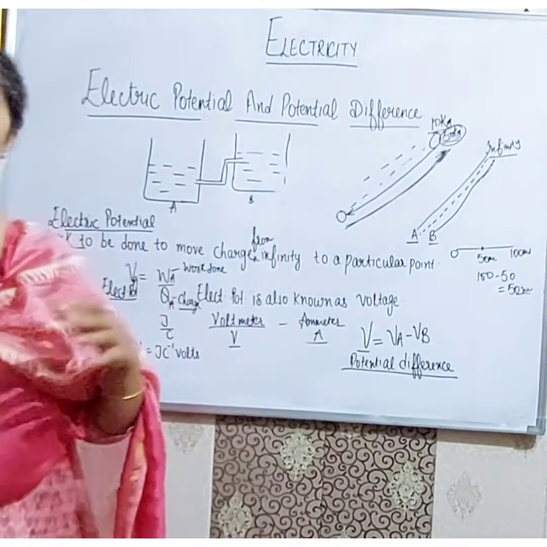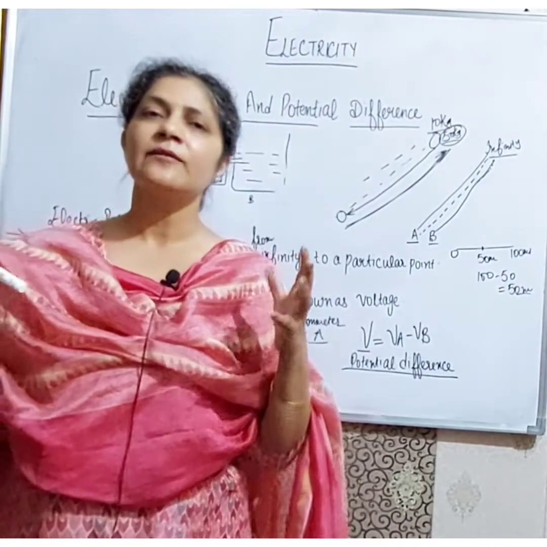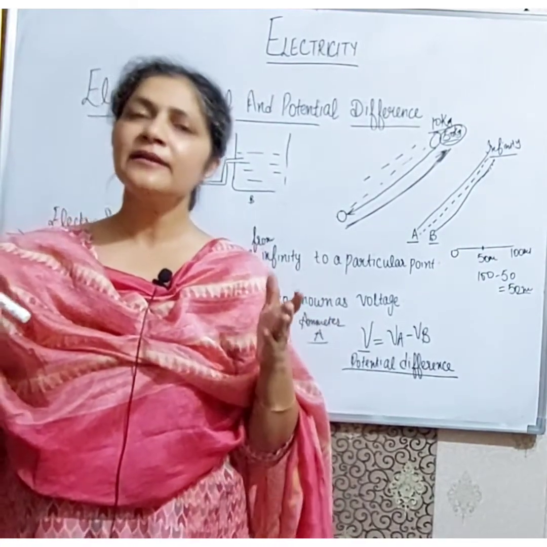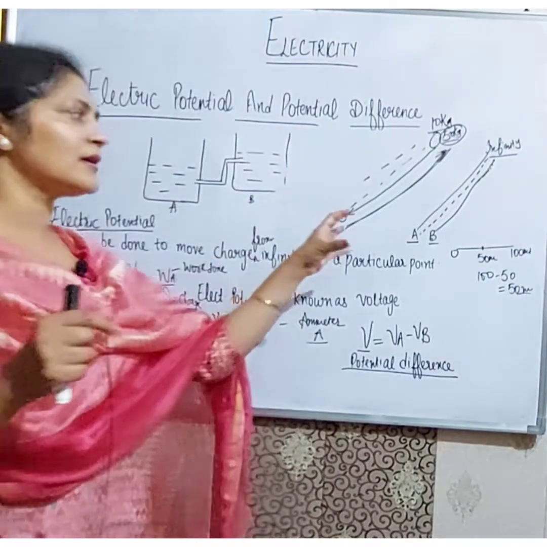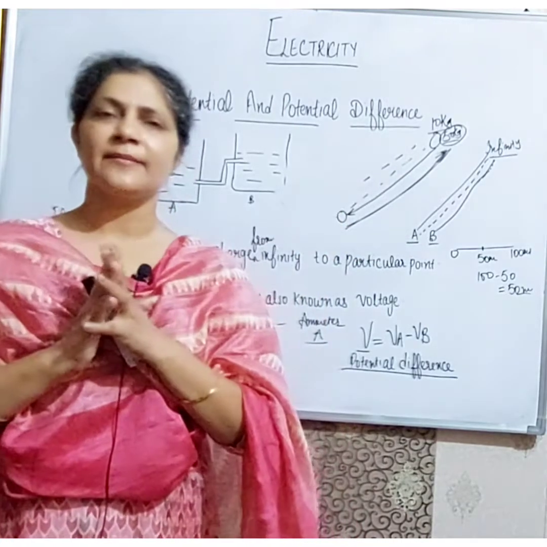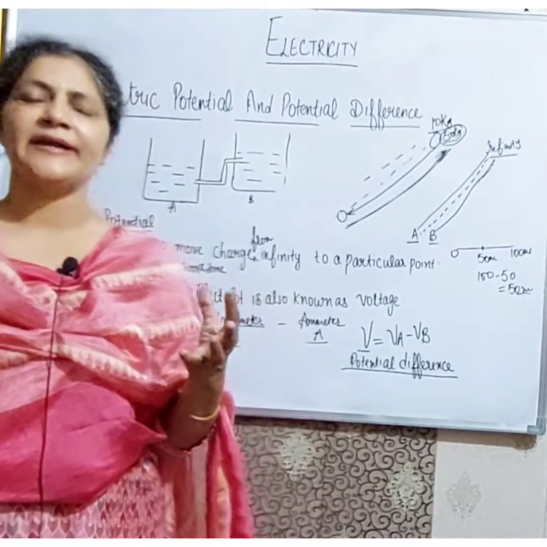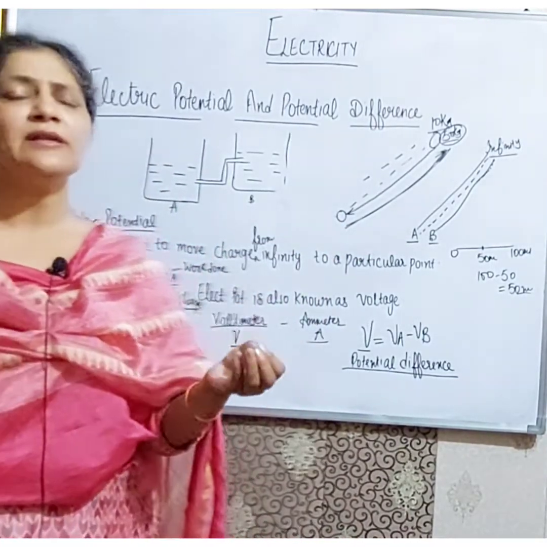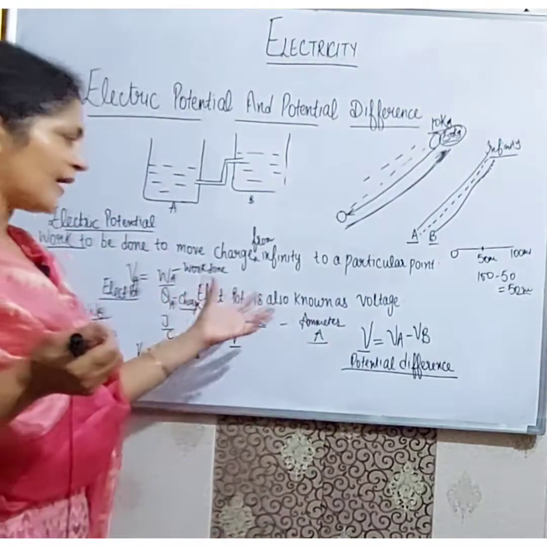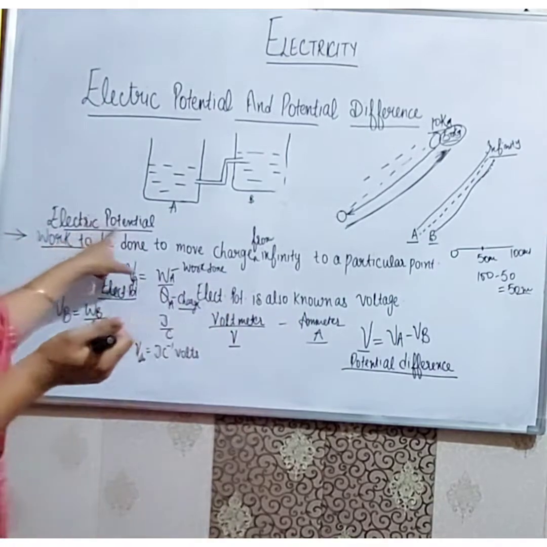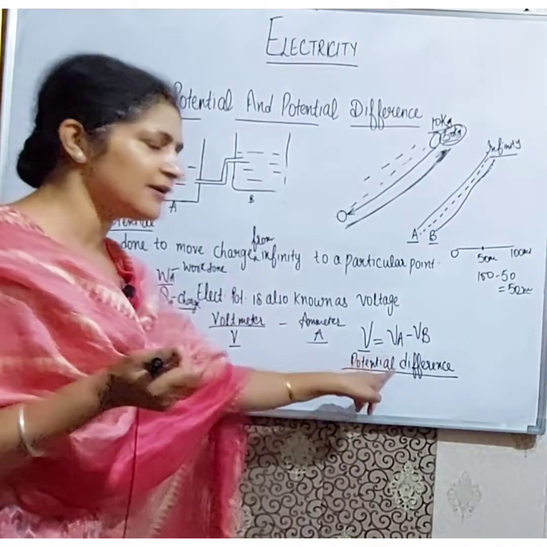The main thing in this topic is that work has to be done to bring the charge from infinity to a particular point. When the points are two and we take the difference of the two points, it becomes our potential difference. In the next lecture, we will discuss the numericals based on electric potential and potential difference.